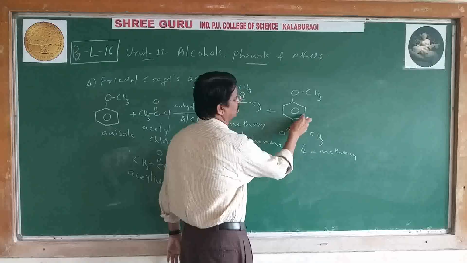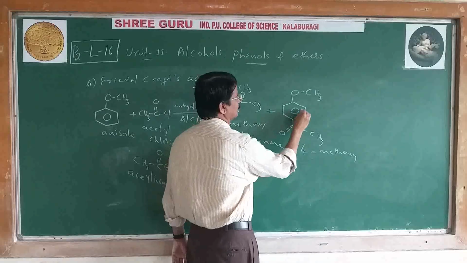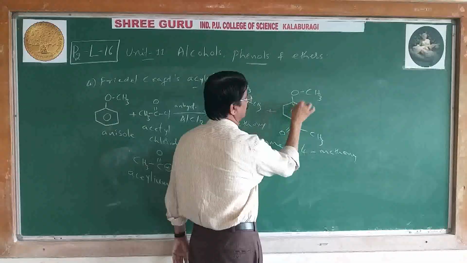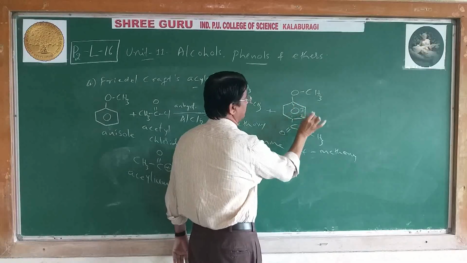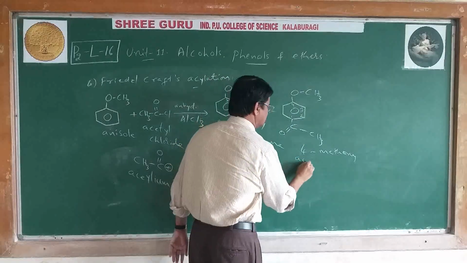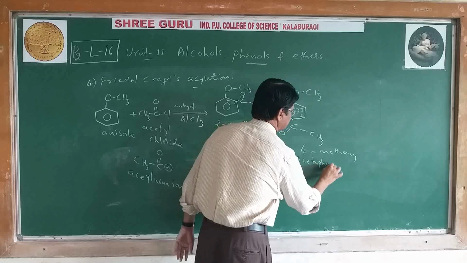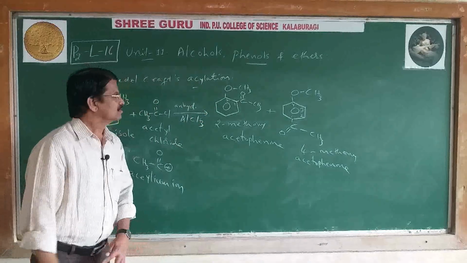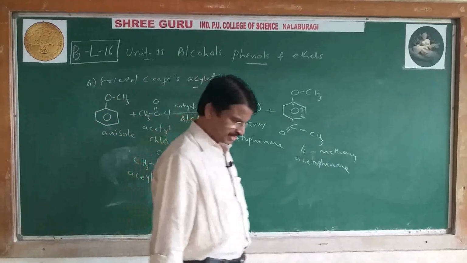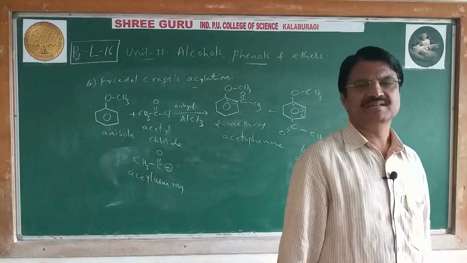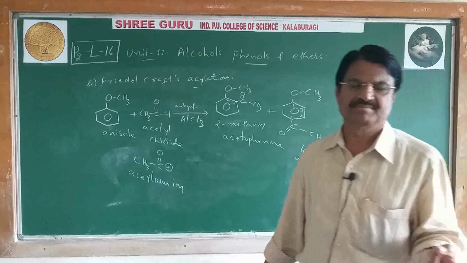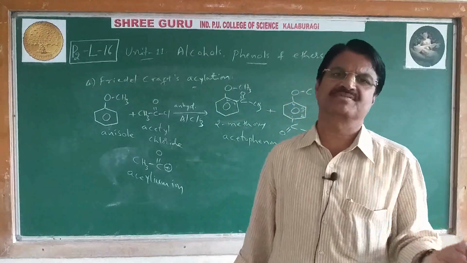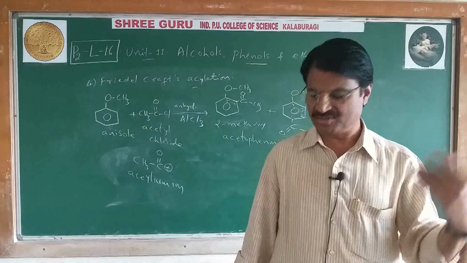See here, 1, 2, 3, 4. 4-methoxyacetophenone. Yes, these are called Friedel-Crafts reactions, alkylation and acylation. Nitration, bromination and Friedel-Crafts reactions, that is alkylation and acylation.